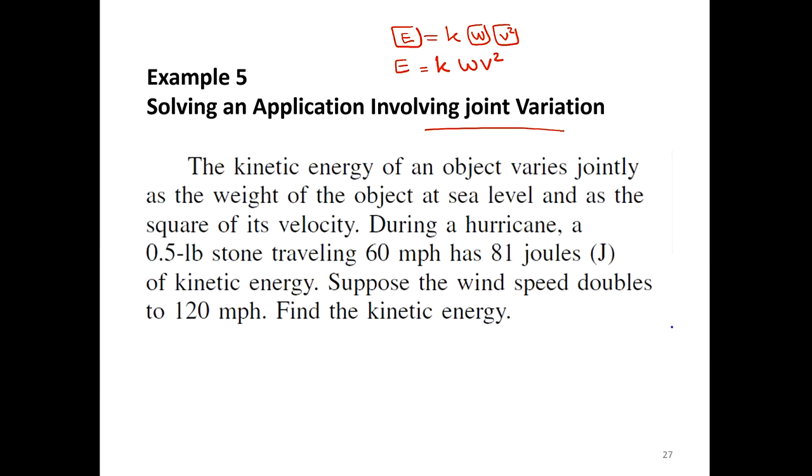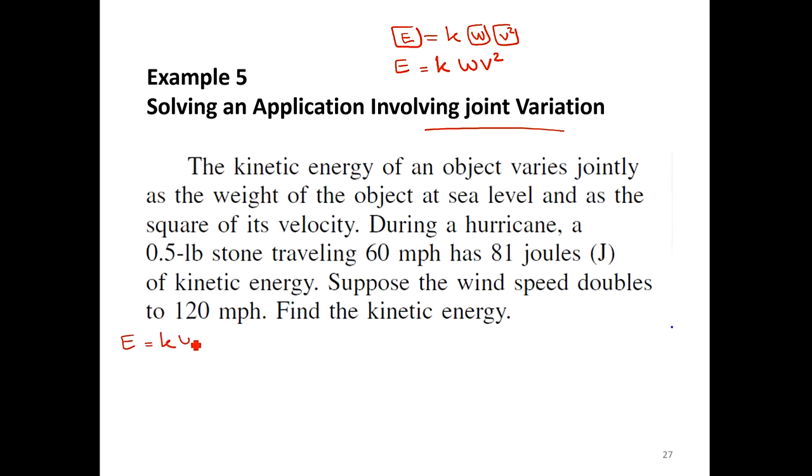Now, during hurricanes, a 0.5 pound stone traveling at 60 miles per hour has 81 joules of energy. So we need to find the constant from these given values.